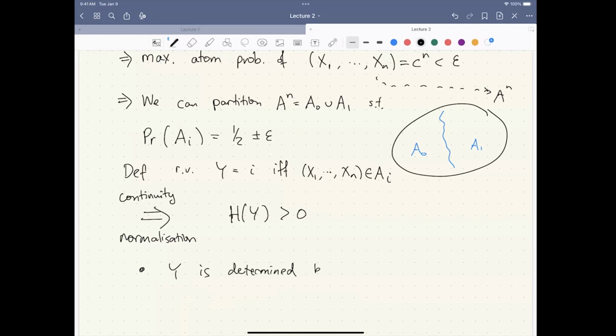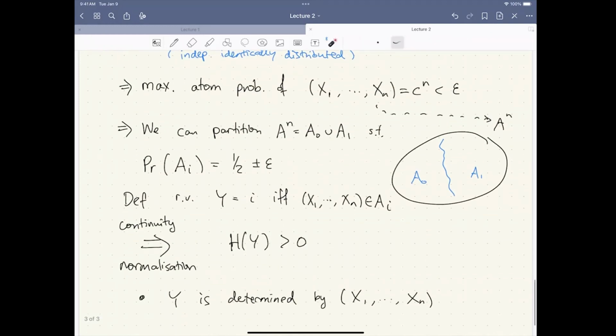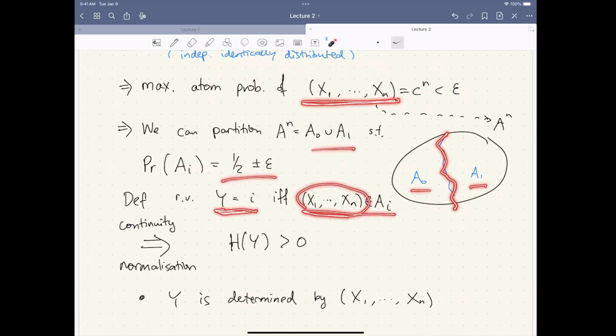We use X1 to Xn to partition the ground set into two parts with almost equal measure. Then we define Y in terms of this random vector.